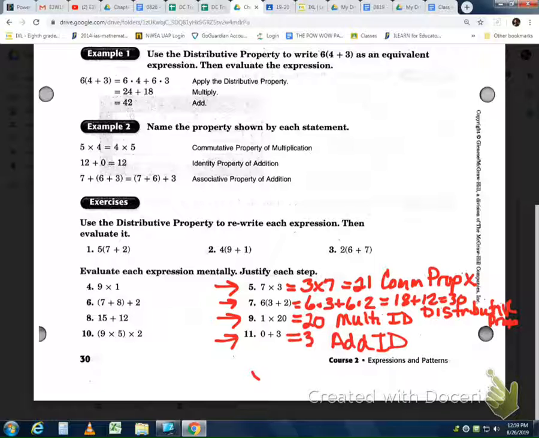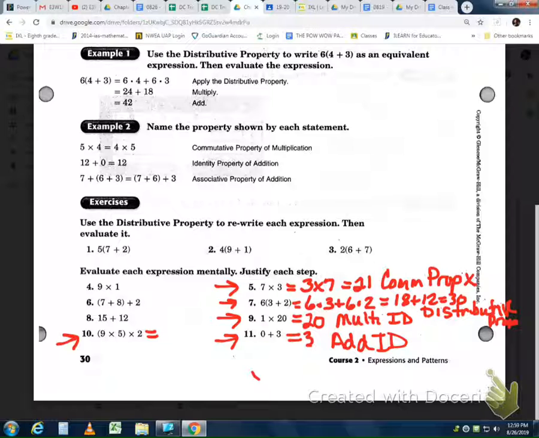All right, I'm going to skip over here to number 10. 9 times 5 in parentheses times 2. What would we do with that? Maybe to make it a little easier. What would we do with those 3 numbers? There are parentheses around 9 and 5. What could I do? Freddie? Nope, we're going to do something else to make the problem easier. It's one of our properties. We have parentheses around 5 times 2.